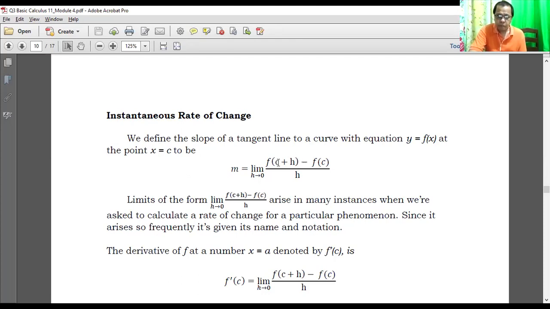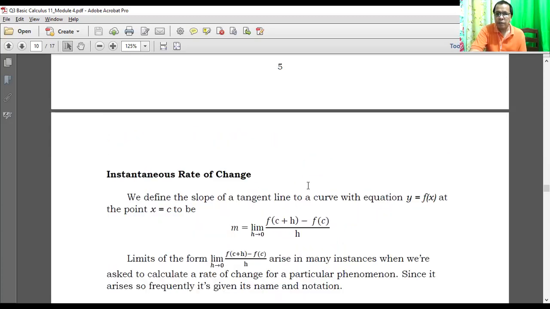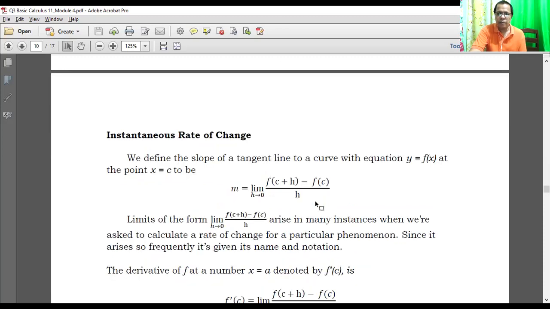c plus h. Okay? And then in the denominator, there is no more x minus c, since it is replaced by h. And this h is just the same as the change of x. Change of x.